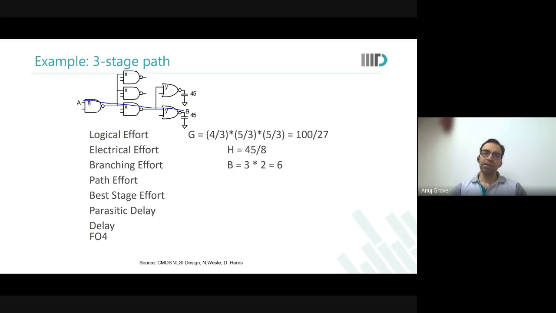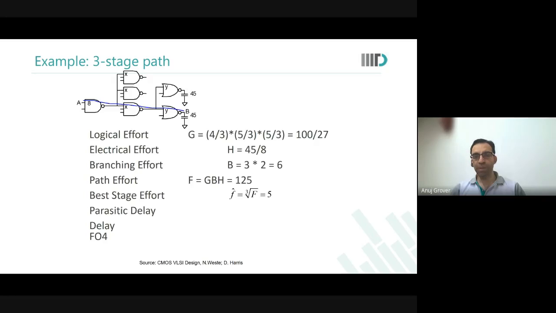Okay. Then the path effort is GBH, which is 125. So the best stage effort is cube root of, because we have 3 stages, so cube root of 125. आसान सा नंबर निकाल दिया, 5. Am I right? So we have best stage effort as 5.